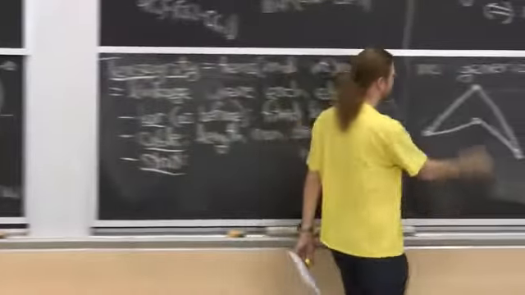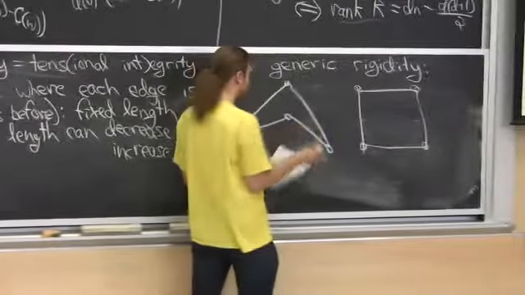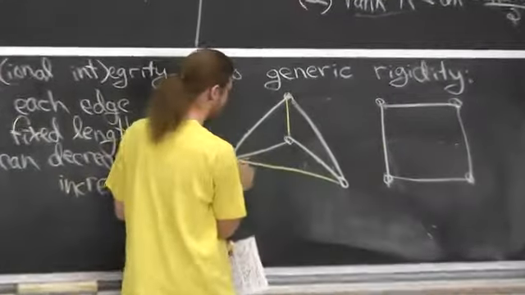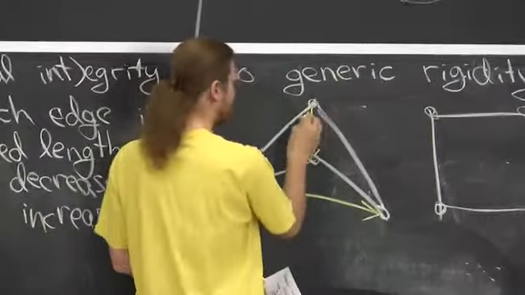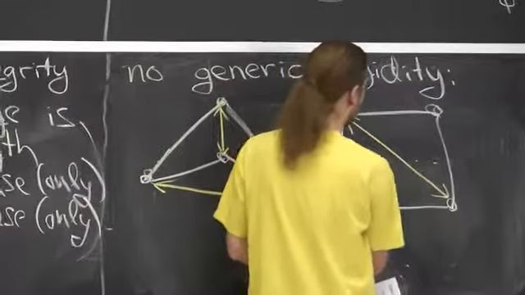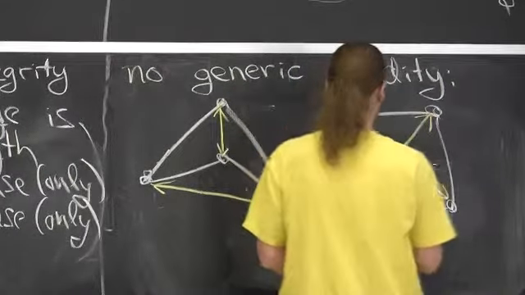We all know it. Now I take my yellow chalk and add, what are these, struts. Maybe I'll put some arrows on it to make it more obvious. These are things that can expand but cannot contract.